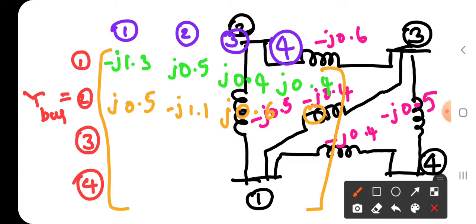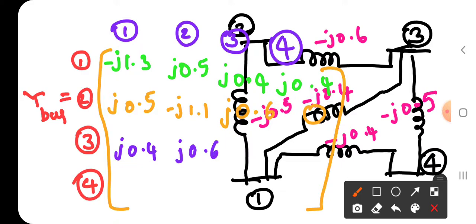Yes, next 3 1, in the sense 0.6, sorry, 0.4. Next 3 2, J 0.6, and 3 3.